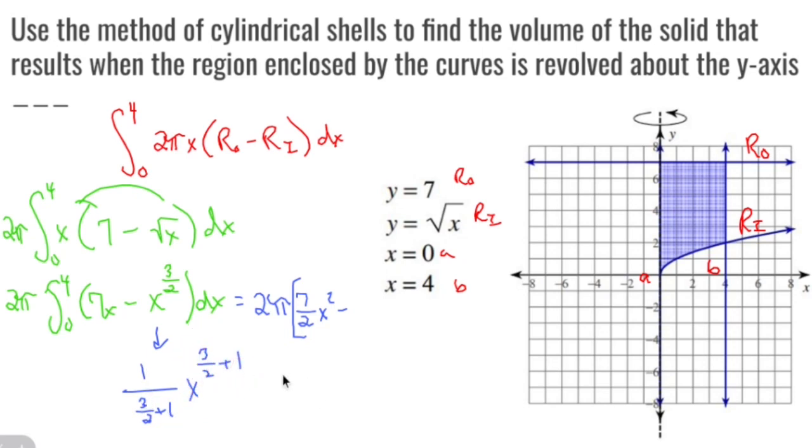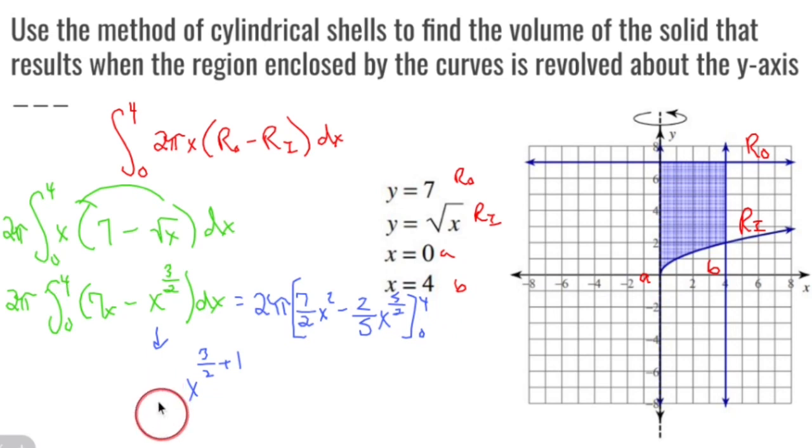So this will become 1 over 5/2. 1 divided by a fraction is the reciprocal. So 1 over 5/2 is 2/5 x to the 5/2. My limits of integration are still 0 and 4.